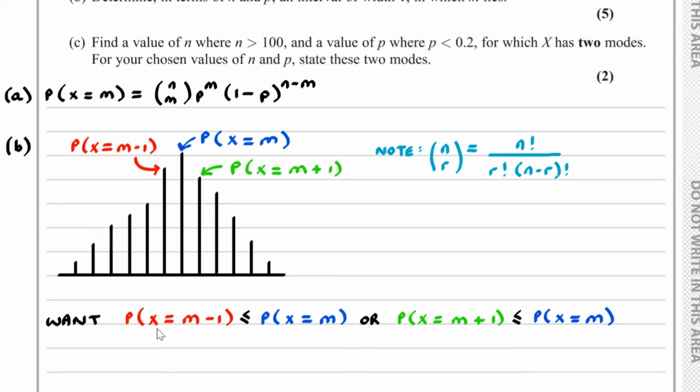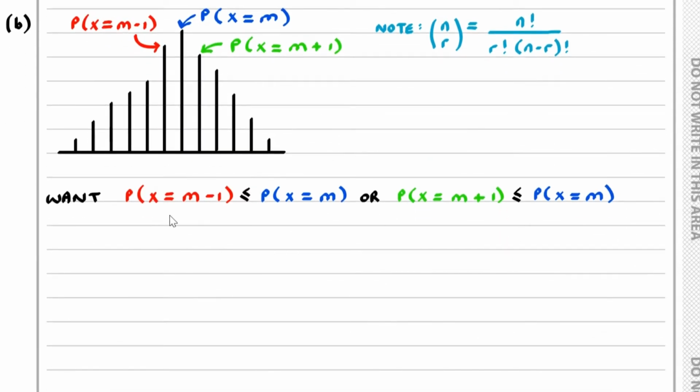The reason these probabilities are less than or equal to the probability that x is equal to m is because m is the mode, it's the most common, which means its probability is the highest. So now we can work out each of these bits.